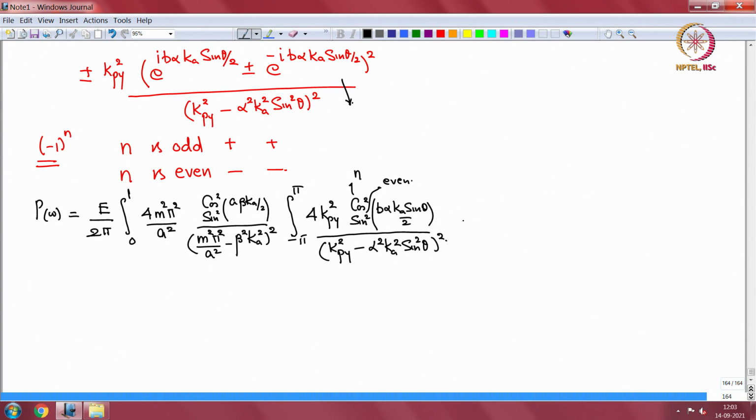Okay, and alpha d alpha by square root of 1 minus alpha squared.